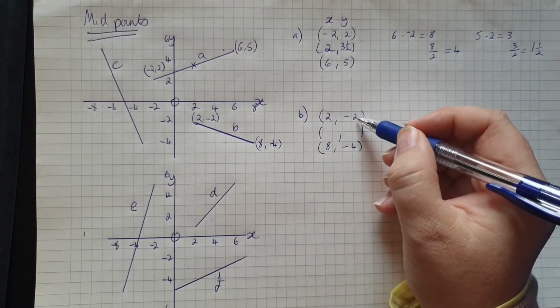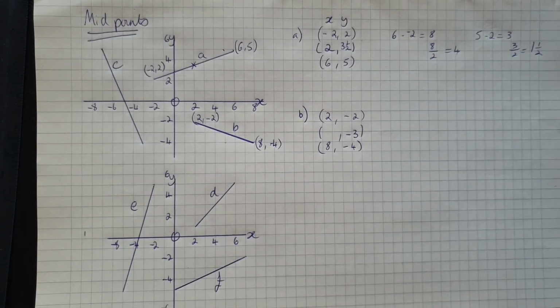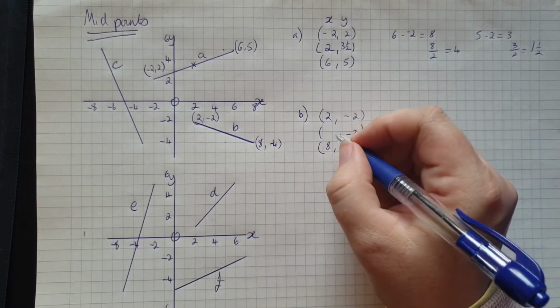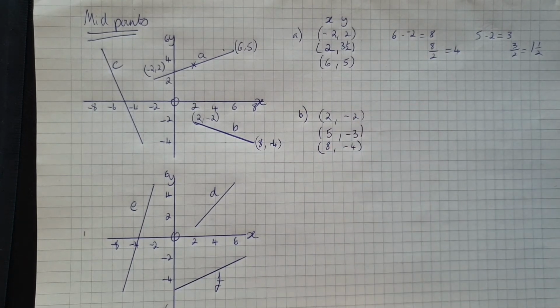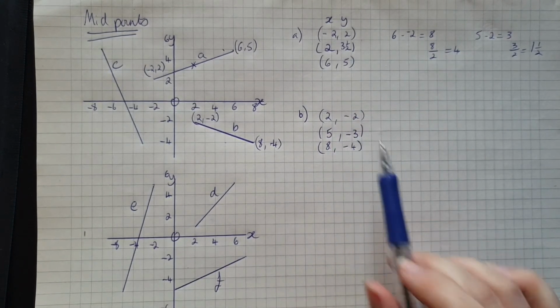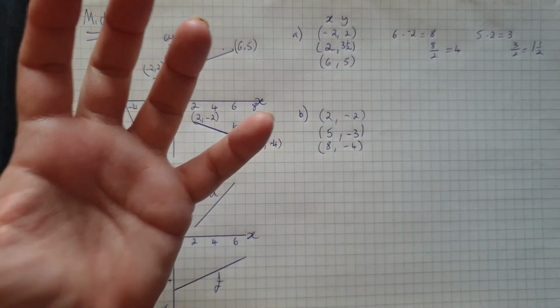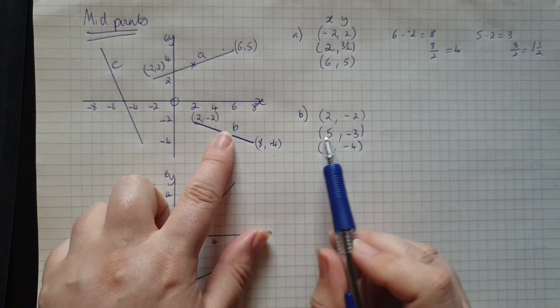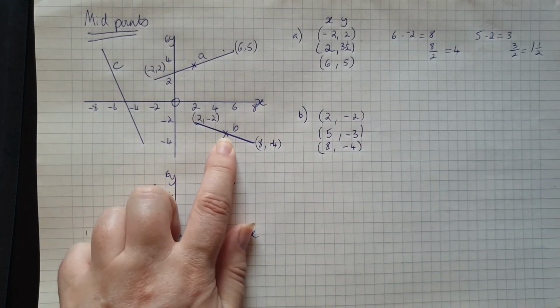So the midpoint between -2 and -4 must be -3. And the midpoint between 2 and 8 is 5. Some of you do it mentally, some of you do it with a calculation. So if we actually plot 5, -3, the point is on the line and it is the midpoint.